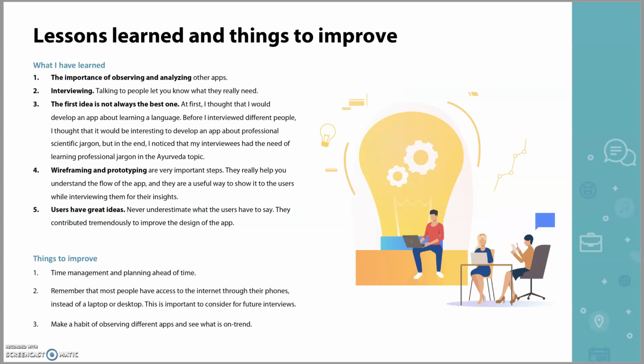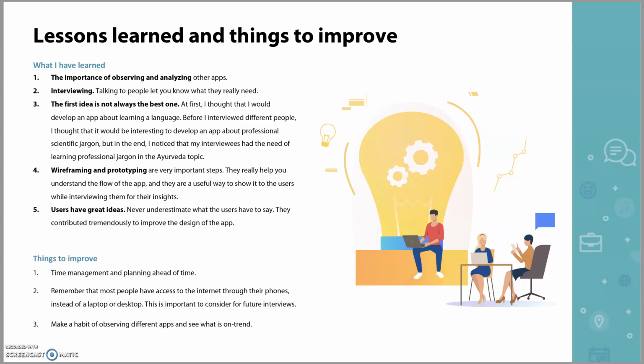The lessons that I learned and things to improve. I learned the importance of observing and analyzing other apps. Also, the importance of interviewing people. The first idea is not always the best one. I remember that at first I thought that I would develop an app to teach a language.